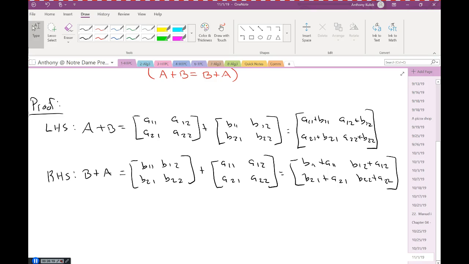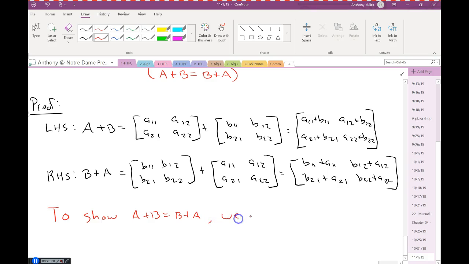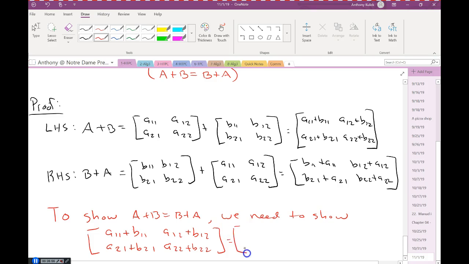Everybody okay with that? So basically where we're at is, to show that A plus B is equal to B plus A, we need to show that this matrix from the left-hand side is equal to this matrix from the right-hand side.